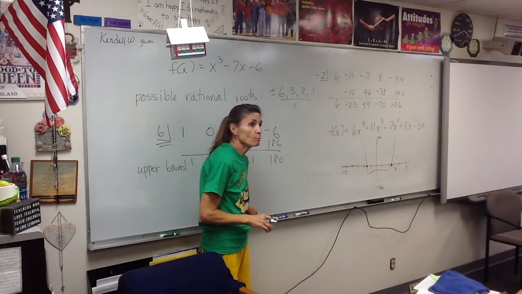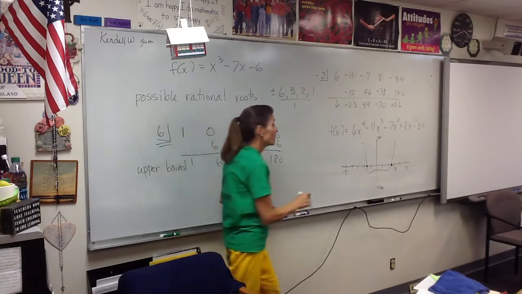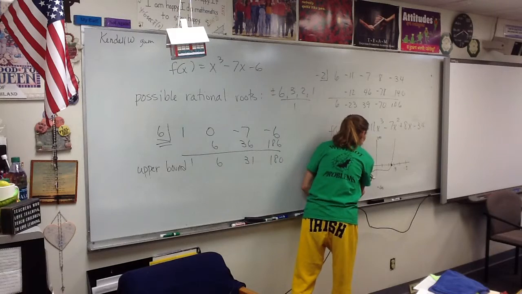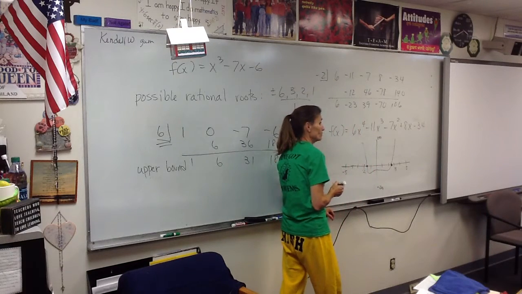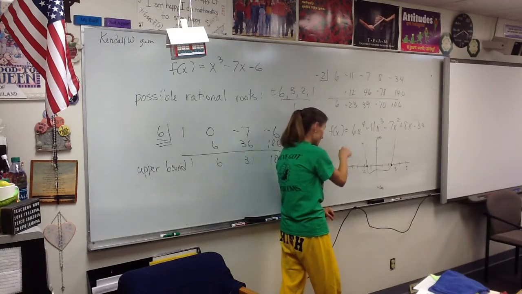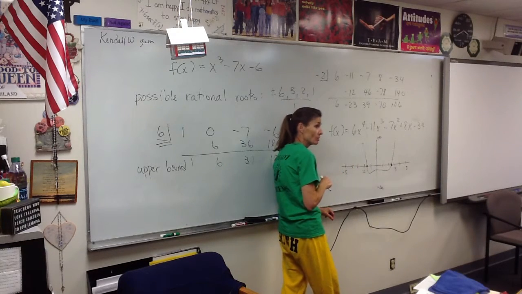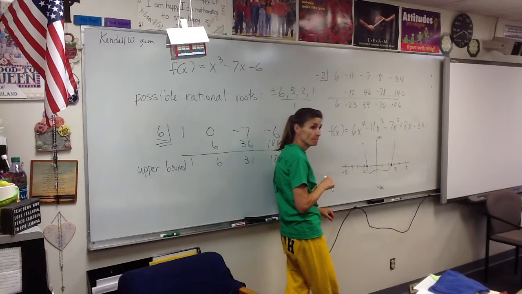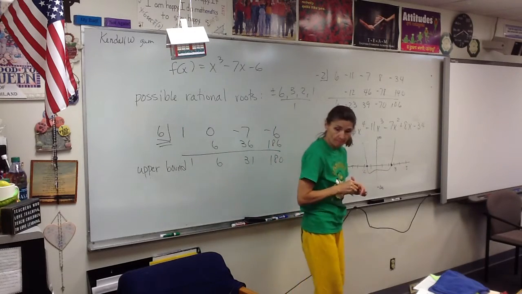So what did you just prove? There is no root lower than -2. So in other words, all of your roots are confined in that picture. Got it? Okay.